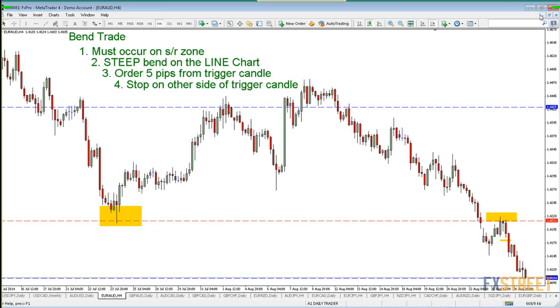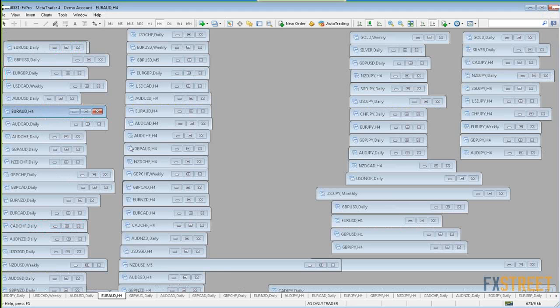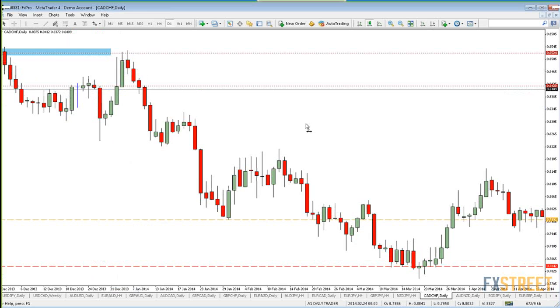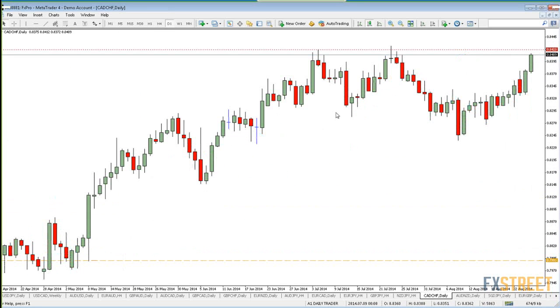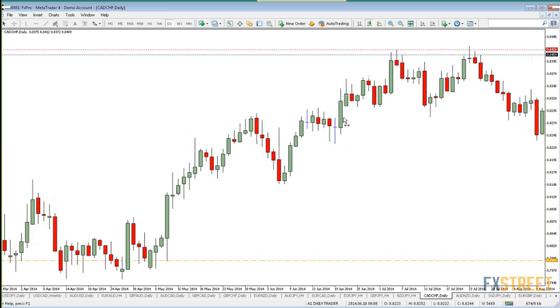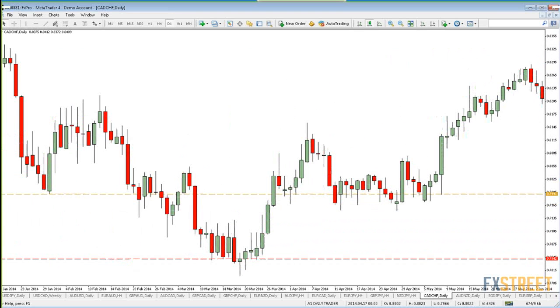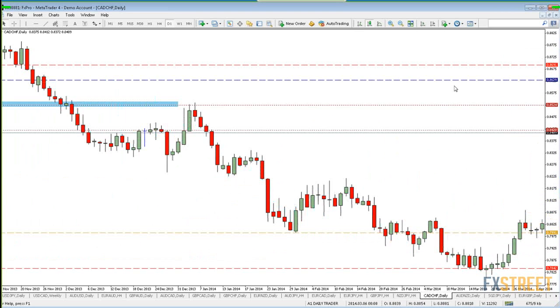Let's move to our second example here, which is the CAD Swiss, and we're going to look for, where is the CAD Swiss here? CAD Swiss. There it is.